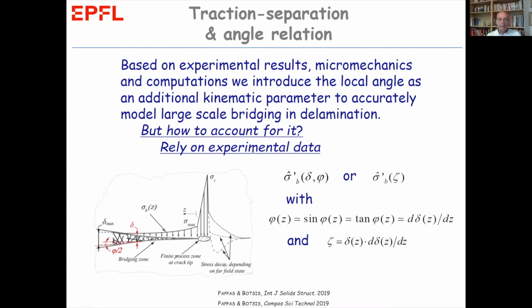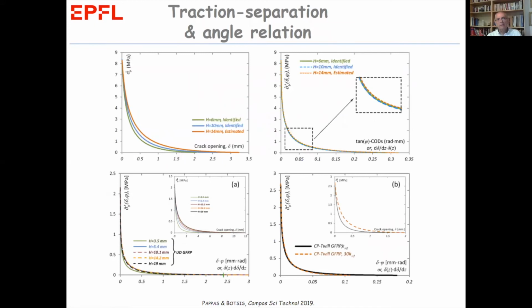Now, I will take the data that I have at my disposal and see how they look. From the identification method I employed earlier, I have obtained these 3 different stress opening or traction separation relations for three different thicknesses. The same model gave us the crack opening angle at every point.